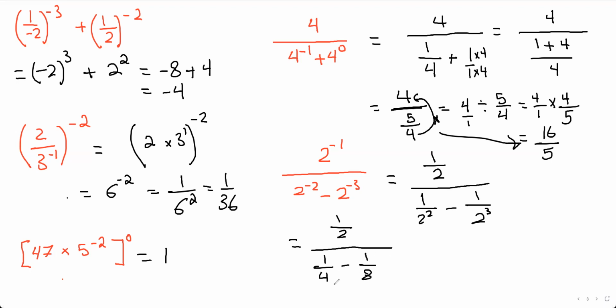Now here on the bottom, I have to do common denominator. So I have to multiply this by 2 and multiply this by 2 to make this bottom the same as this bottom. And therefore now I have 1/2 all over 1 times 2 on top here is 2 minus 1 all over 8, which gives me 1/2 all over 1/8.